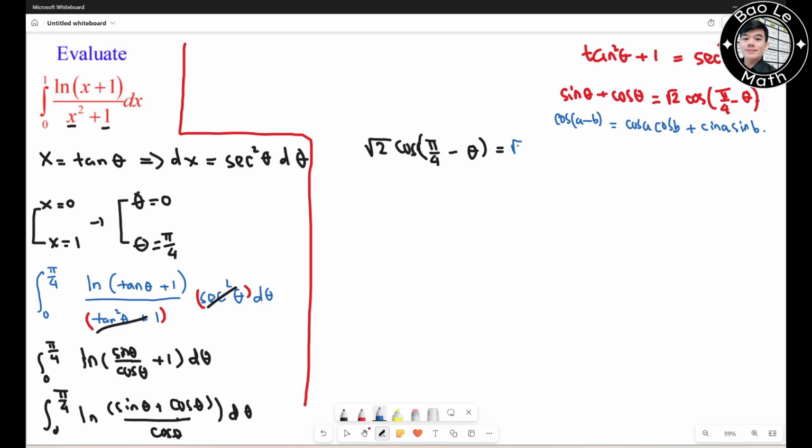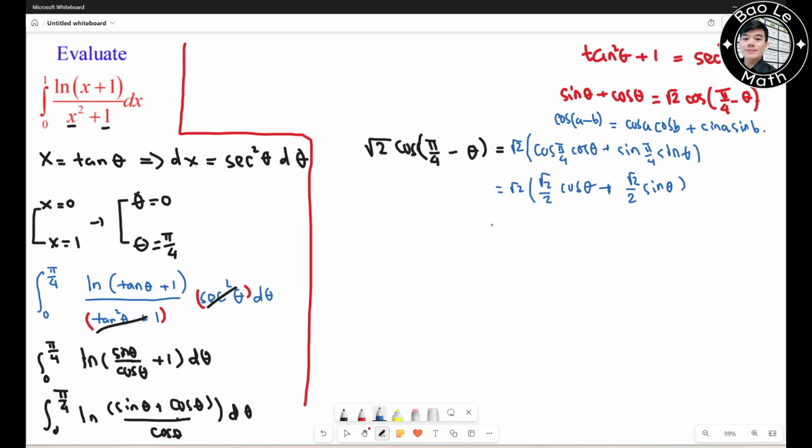So it's going to be root 2 times (cosine pi over 4 cosine theta plus sine pi over 4 sine theta). So it could be root 2 times (root 2 over 2 cosine theta plus root 2 over 2 sine theta), since sine pi over 4 is root 2 over 2.